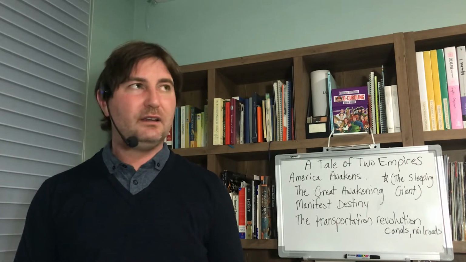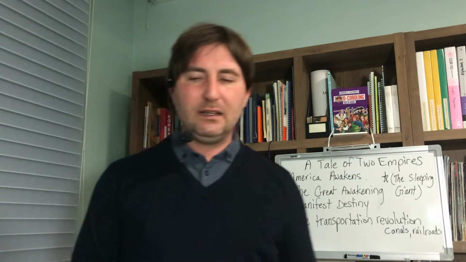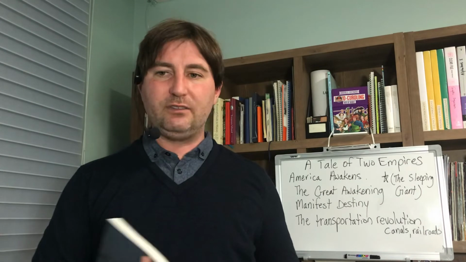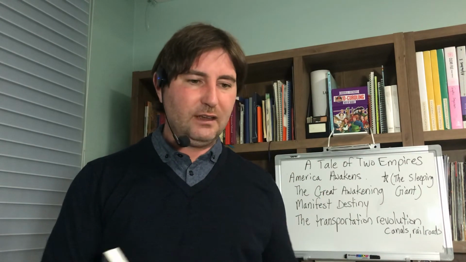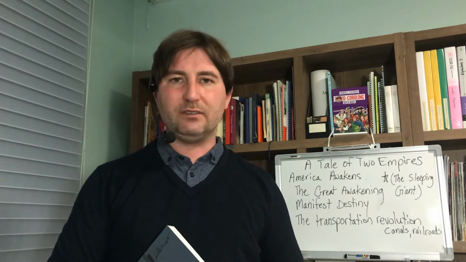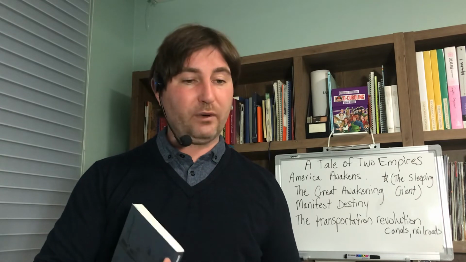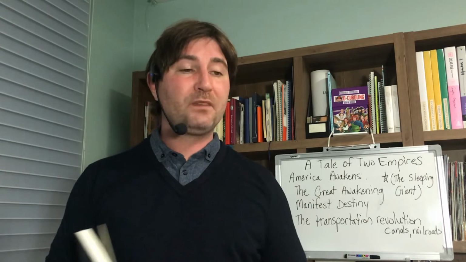Samuel Slater, I hope his first name's Samuel. Slater is one of these guys who comes over, and he knows how to build it in his head. So he comes to the United States, and he starts building a textile mill so that they can process cotton in New England, in the Northeast, rather than exporting the cotton to the United Kingdom and having it processed and made into cloth there.